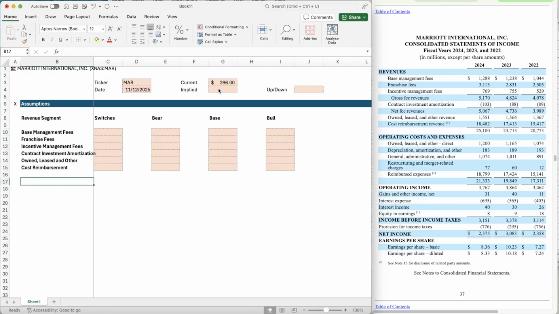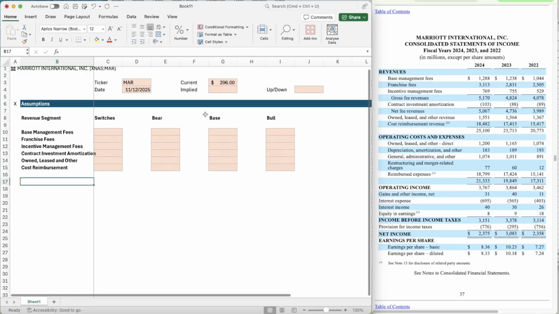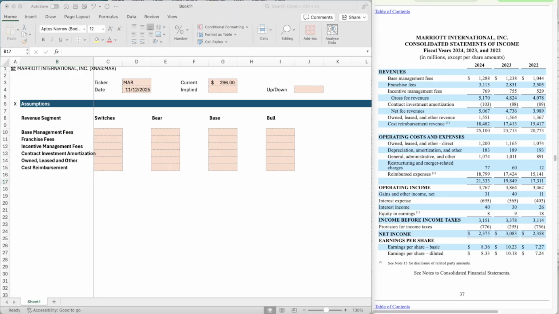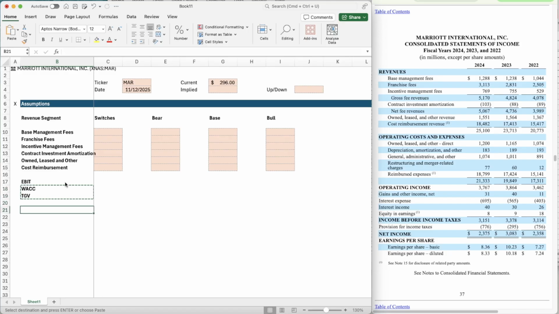Then we're doing the free cash flow to the firm for this model. So we're looking to identify the cash flows that are available to both the equity and the debt holders. Therefore, we use the EBIT, which is the operating income. We use a WACC and a terminal growth value. Again, these will come later in the build.